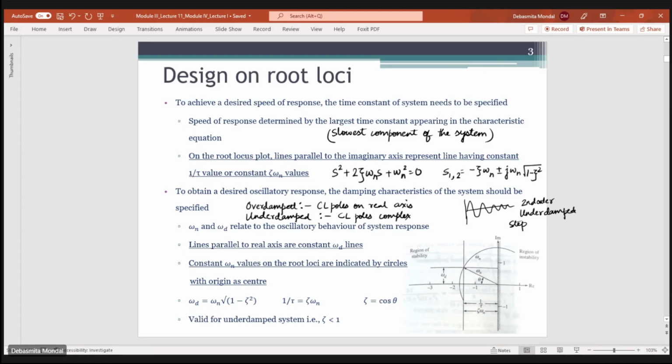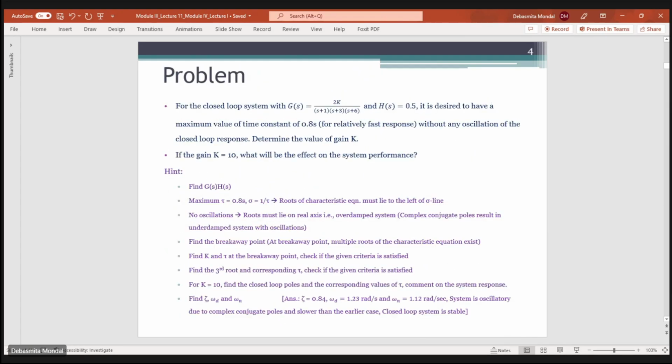So you have to infer depending on the system specification that is given, and accordingly find out the parameters, the value of gain of your system, so that the given specifications are met.